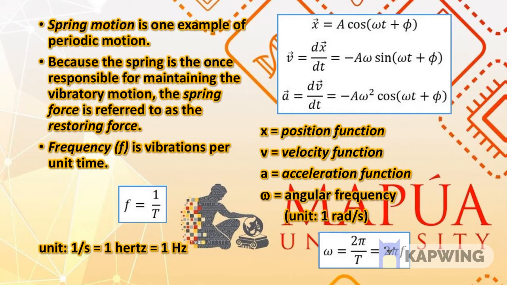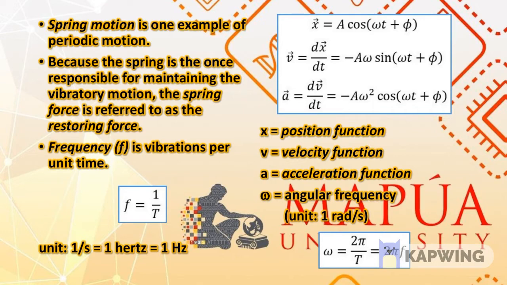Periodic motion is described by three functions: the position function, the velocity function, and the acceleration function. The position function describes the position of the object as a function of time. The velocity function gives you the velocity of the object as time passes on.